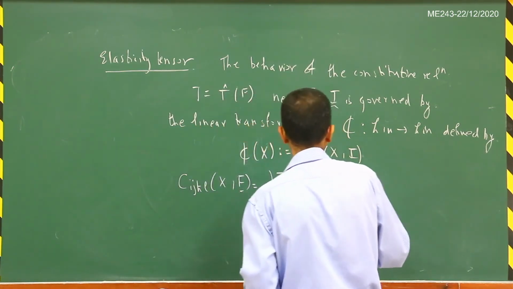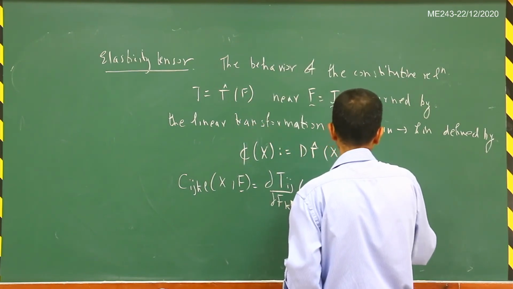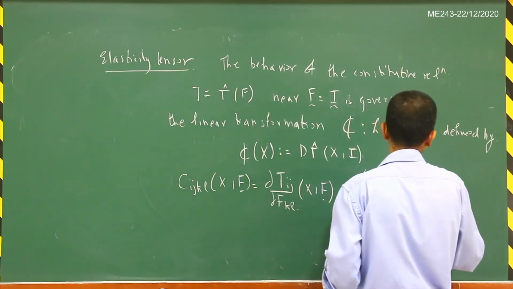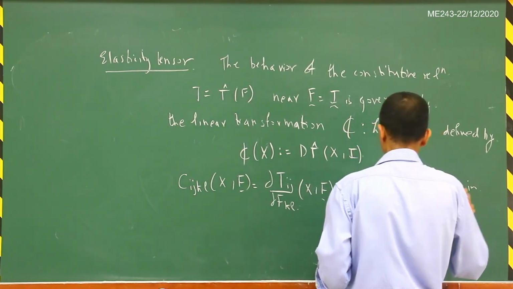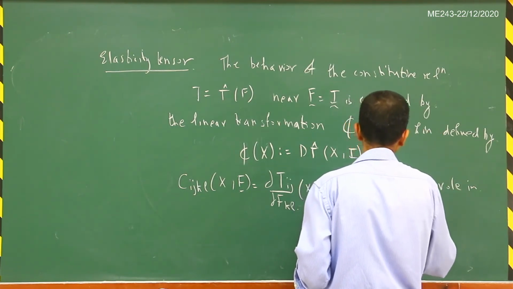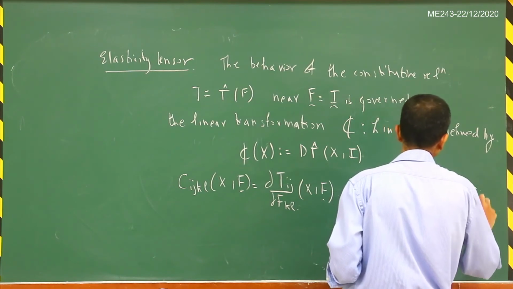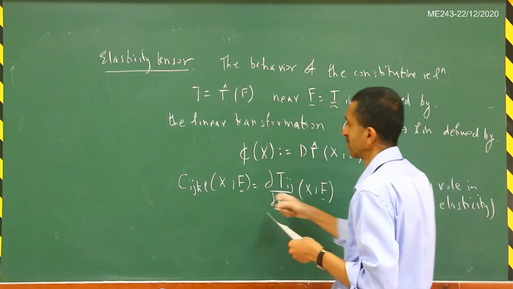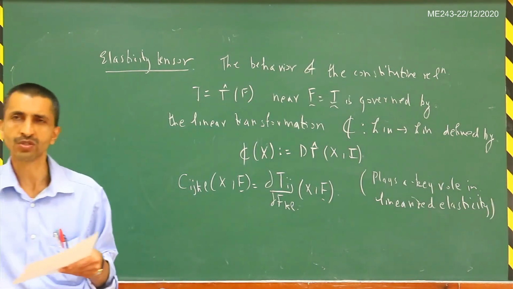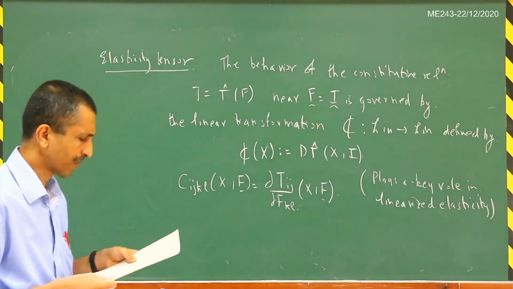And as I said, this plays a key role in linearized elasticity. It is the same thing that appears in your generalized Hooke's law, C_ijkl. So this is exactly the same object as what appears there.